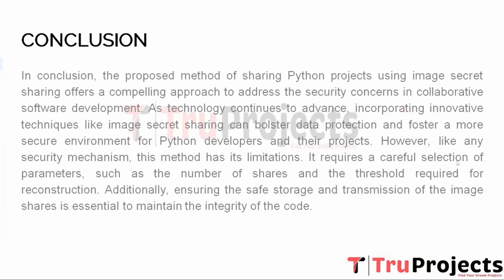The primary advantage of this approach lies in its ability to protect sensitive Python code from unauthorized access. Even if an individual intercepts one or a few shares, they would be useless without the minimum required threshold of shares to reconstruct the complete project. This not only safeguards the intellectual property of the developers but also encourages collaborative development in a secure environment.